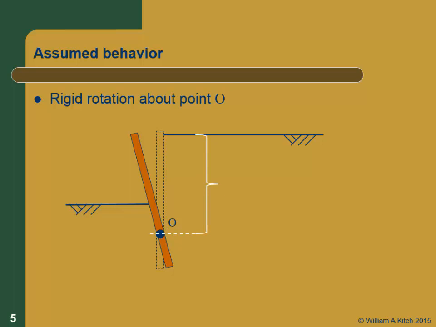So if it does rotate about point O, then above point O, on the back side of the wall, on the retained earth side of the wall, we should have active conditions because the wall is moving away from the soil. But below the point O, we're going to have passive, because the wall is pushing into the soil there.